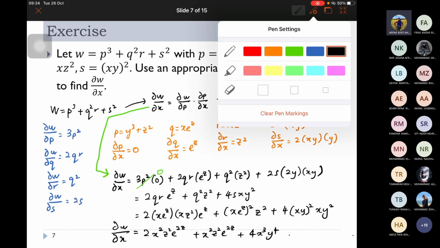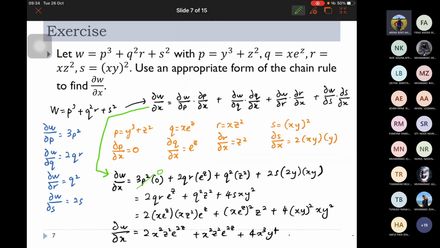Okay. So yang ini kita gantikan Q sama dengan yang ini. Okay. R is this one. Okay. And then itulah tu. S is this term.